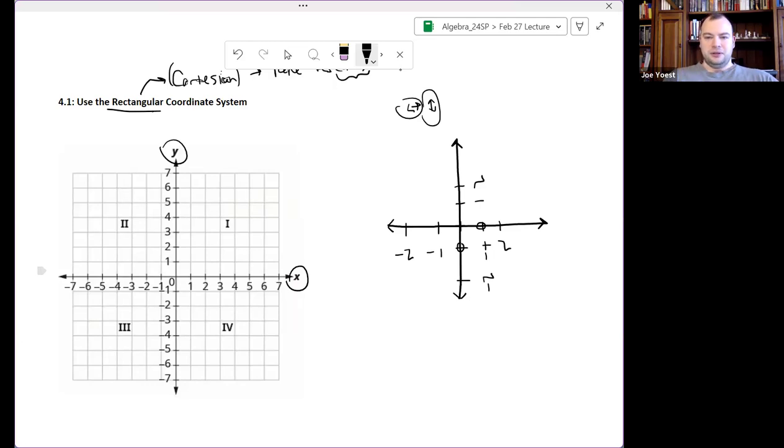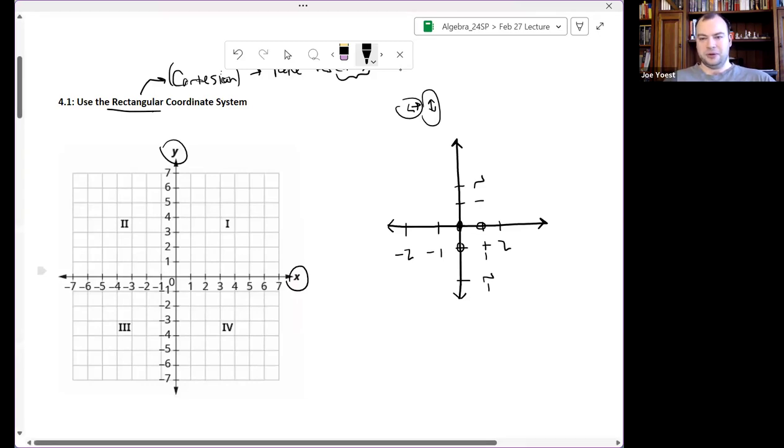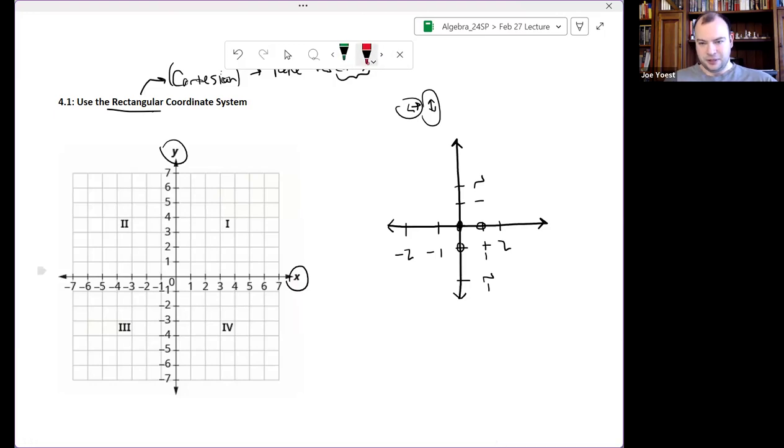We note that the intersection of these two axes, which by the way we call the origin, let me try to get a different color here. This intersection of these two axes gives the name the origin, kind of where all of the positive and negative directions in either horizontal or vertical direction originate, the origin.